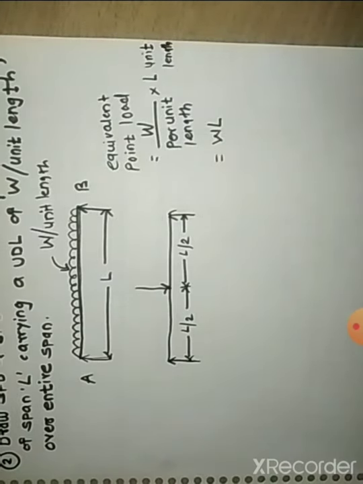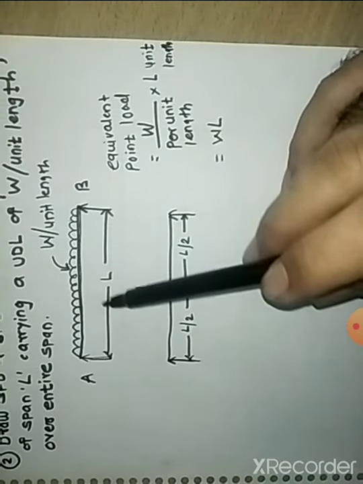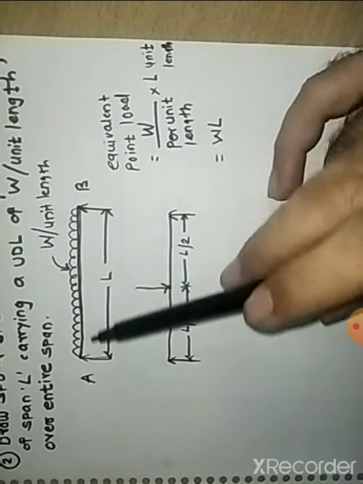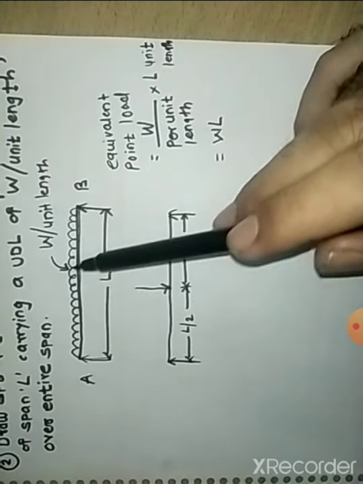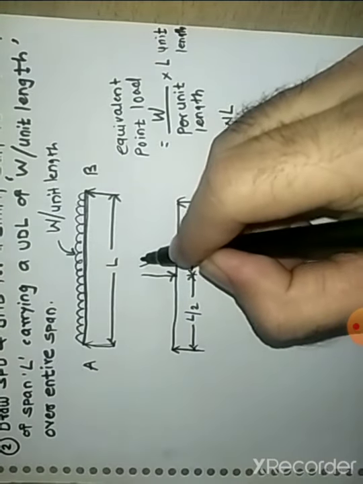So similarly we multiply whatever intensity is given into whatever length the UDL is spread on. Okay, so it has come as WL.